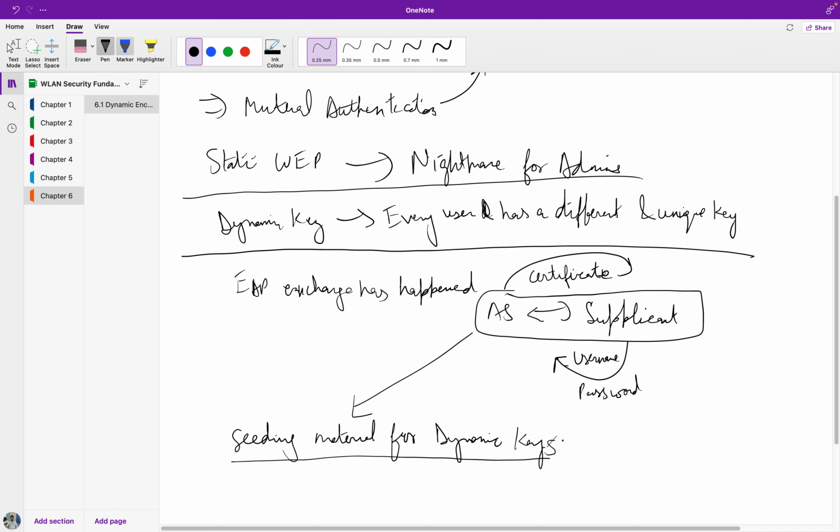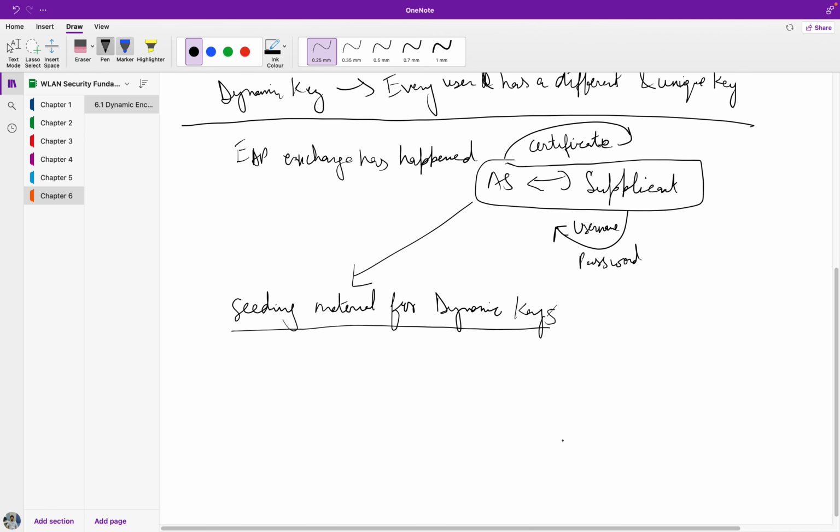Now there is something special about these dynamic keys: they are generated per session, per user, meaning that every time a client station authenticates, a new key is generated, and every user has a unique and separate key.